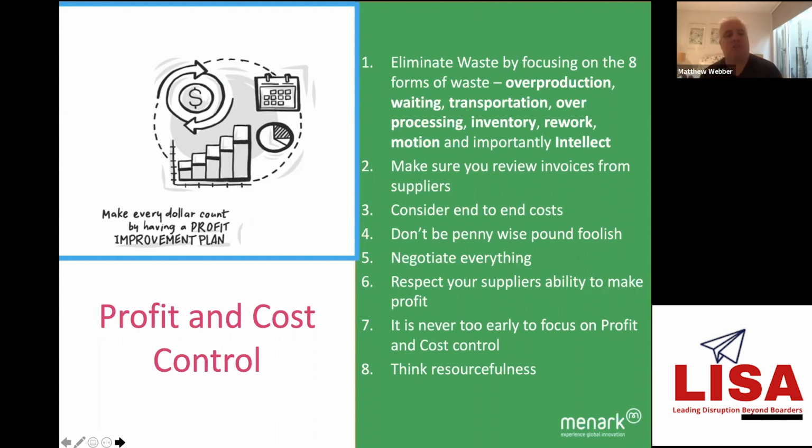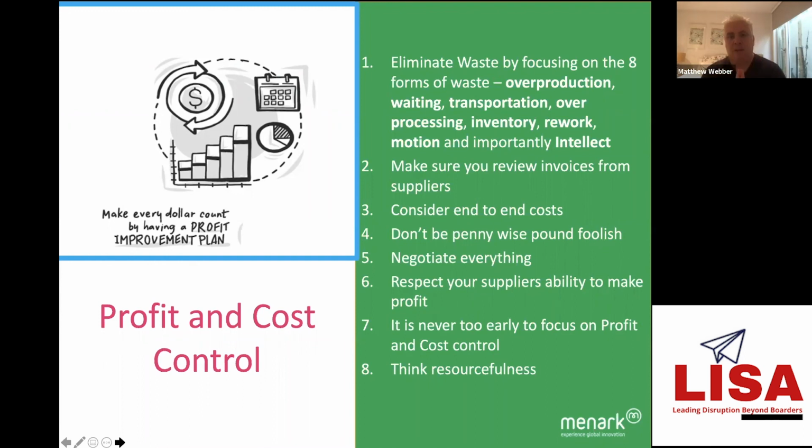A lot of the reason why digital applications work so well is because they take a lot of the waste out of it. Some of the waste is around overproduction, waiting, transportation, moving things from here to there that don't need to be, too much inventory, too much processing. You need to rework things. So you need to think about this and make sure that it is built into your structure.